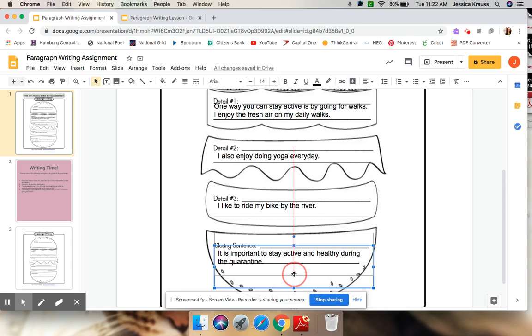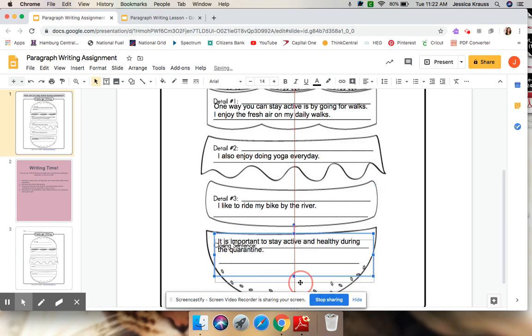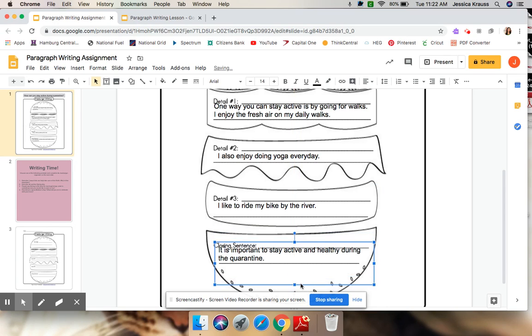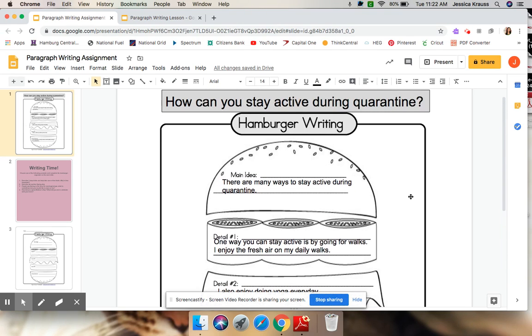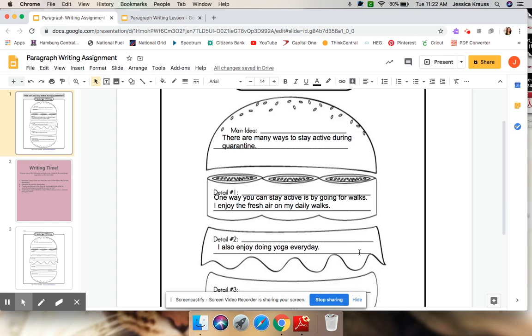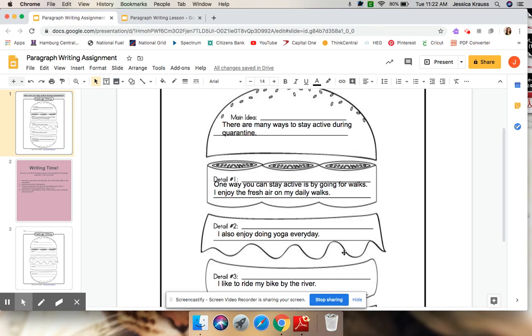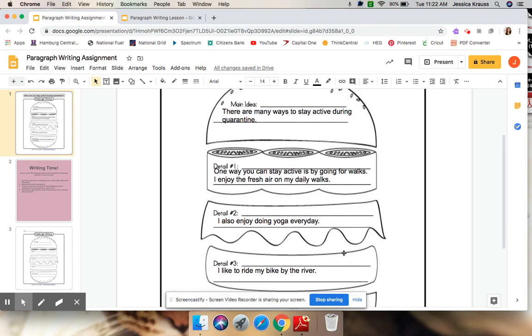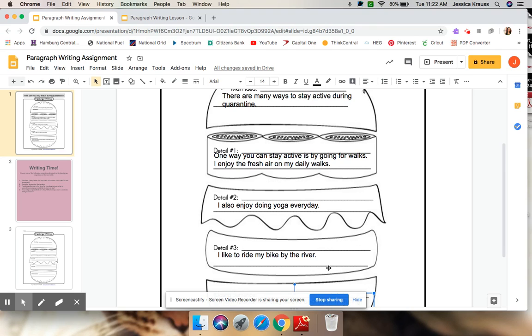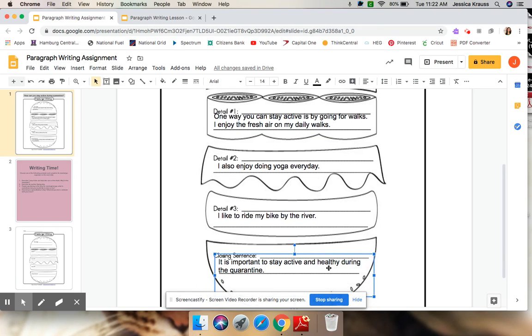All right, so now before I press turn in, I'm going to go ahead and check to make sure that my work is finished and I have everything I need to have. So looking at the top, it says, there are many ways to stay active during quarantine. One way you can stay active is by going for walks. I enjoy the fresh air on my walks. I also enjoy doing yoga every day. I like to ride my bike by the river. It is important to stay active and healthy during the quarantine.